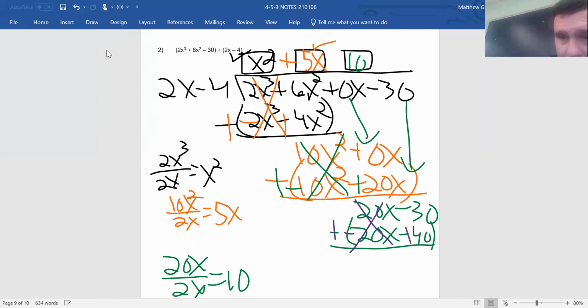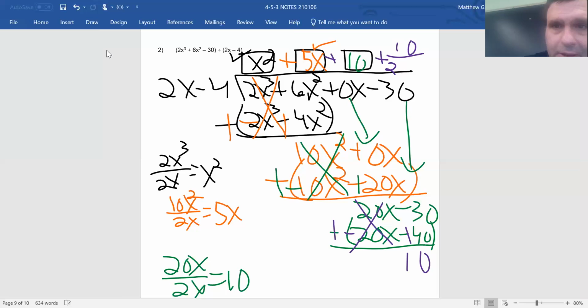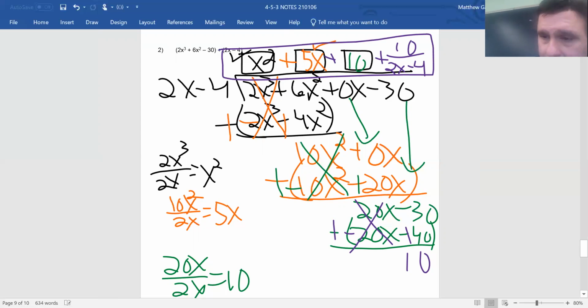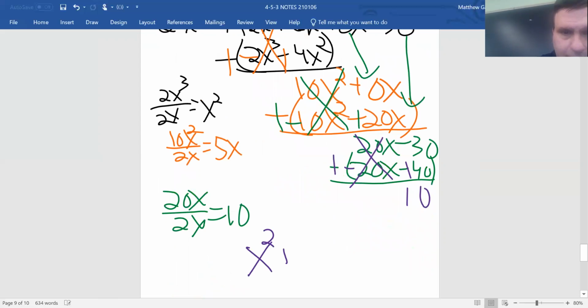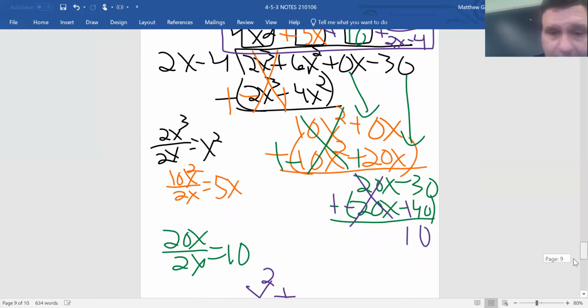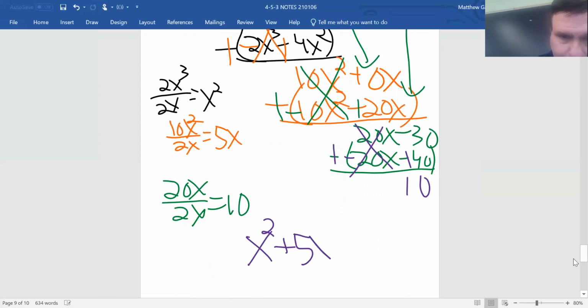So your remainder is negative 30 plus 40, which is 10. That's your remainder, so it's plus 10 over 2x minus 4. So your final answer is x squared plus 5x plus 10 with a remainder of 10.